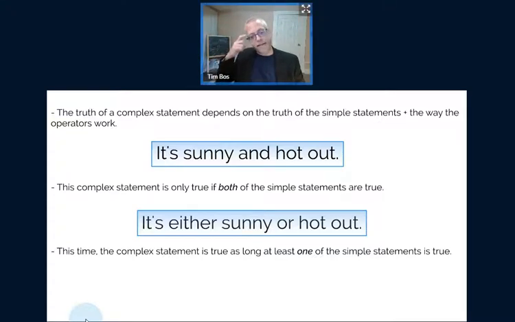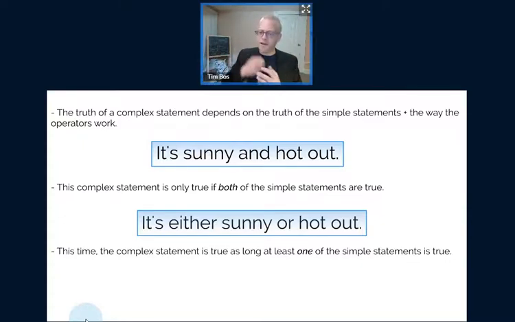And in most cases, we would say it's true even if they're both true. So this is kind of a tricky part. This has to do with the difference between an inclusive or an exclusive or. I touched on this briefly last time. We're always going to be talking about the inclusive or, which means at least one of the statements has to be true. But if they're both true, hey, that's fine.